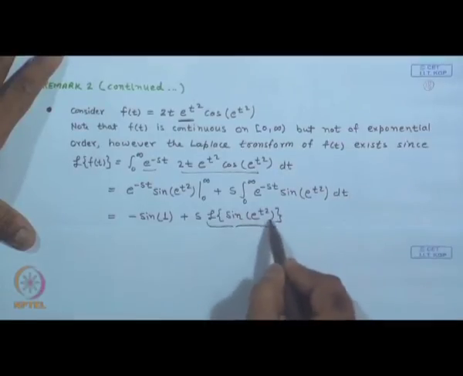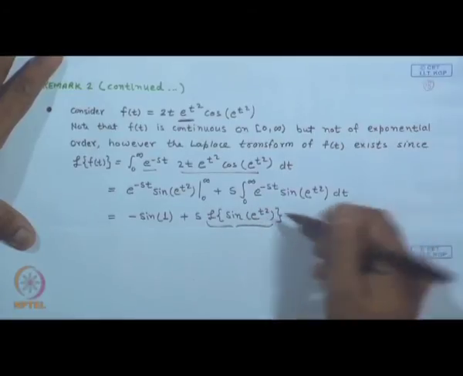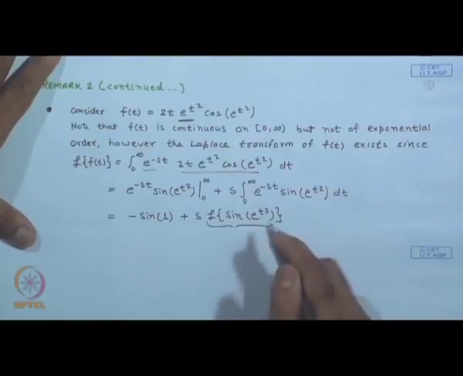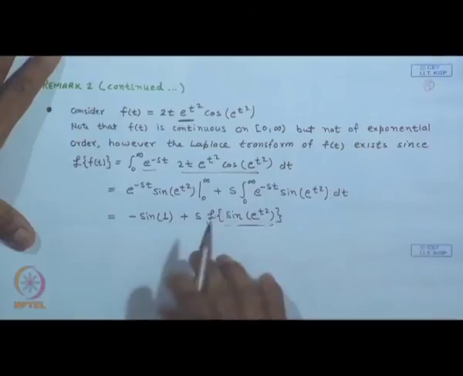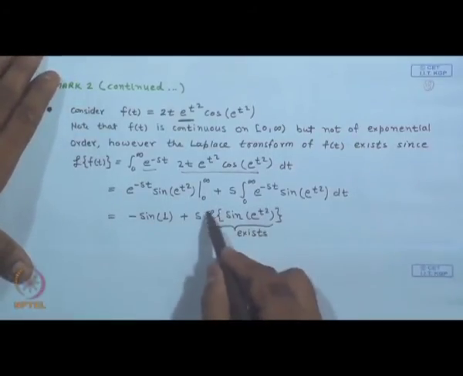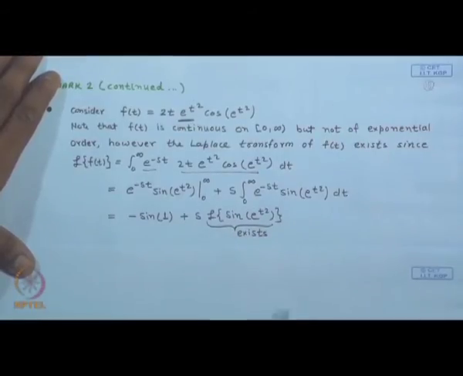The function sin e power t square is of course continuous and bounded, so it is of course of exponential order. So, the Laplace transform of sin e power t square must exist. Hence the Laplace transform of f t exists, because it is minus sin 1 plus s times the Laplace transform of sin e power t square.